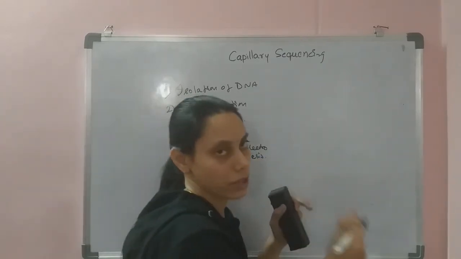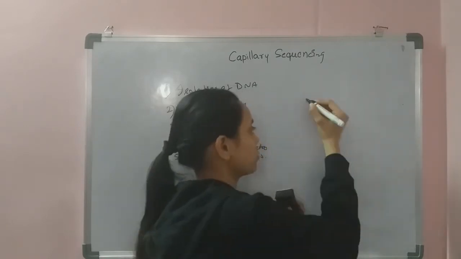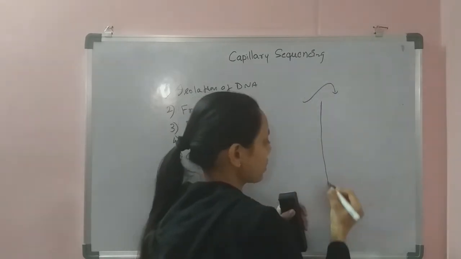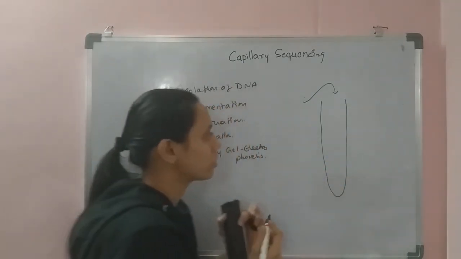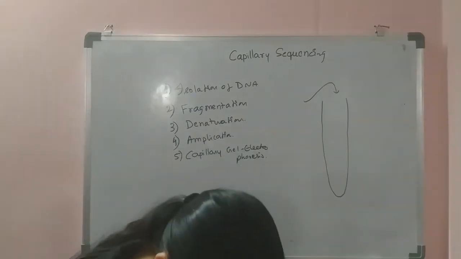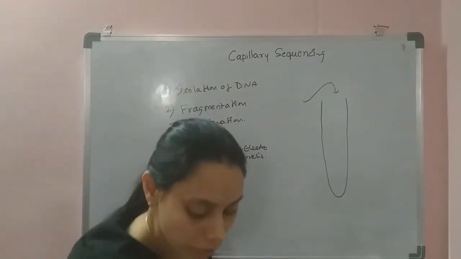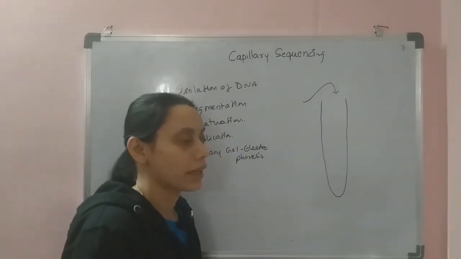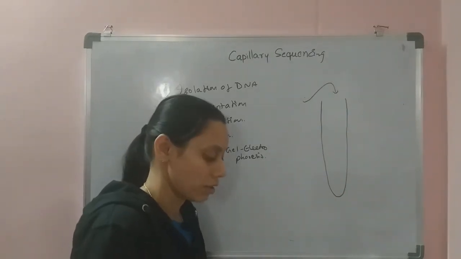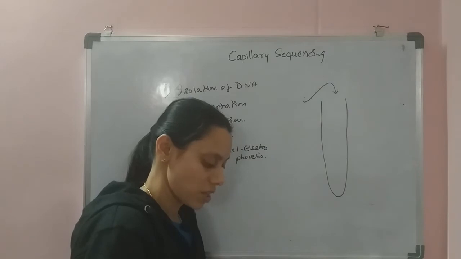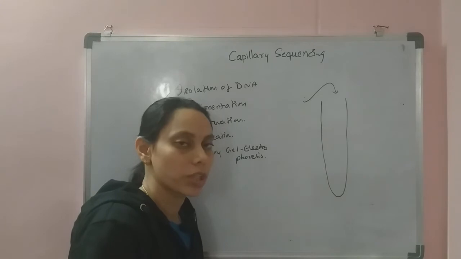Here all the reaction mixture fragments obtained from the PCR amplification need to be loaded onto the capillary gel. As we discussed, we have 4 fluorescent labels attached to the 4 types of ddNTPs, and when the PCR reaction is carried out, these fragments will be obtained because of the termination event.